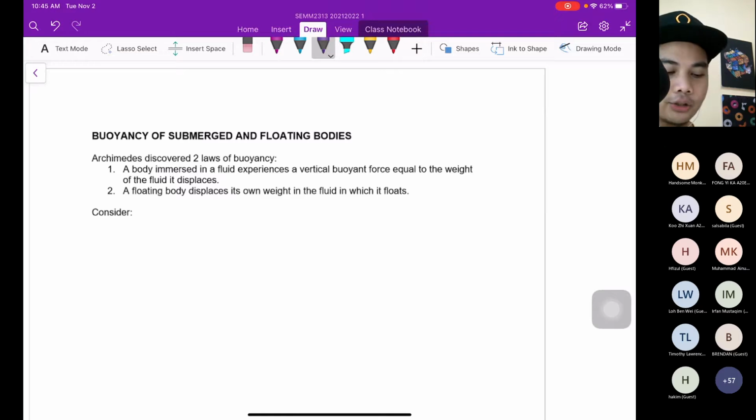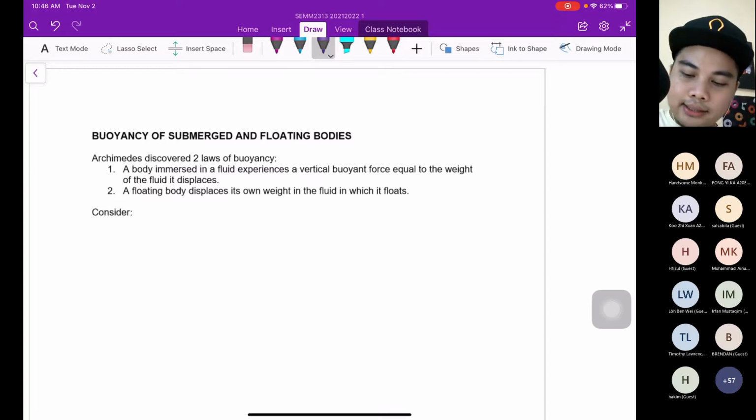object. This buoyancy force was discovered by Archimedes. The law of buoyancy: a body immersed in a fluid experiences a vertical buoyant force equal to the weight of the fluid it displaces.